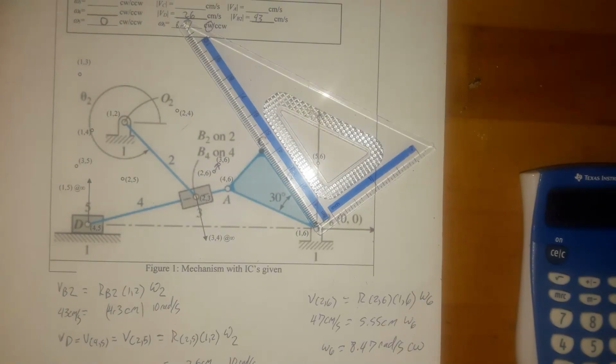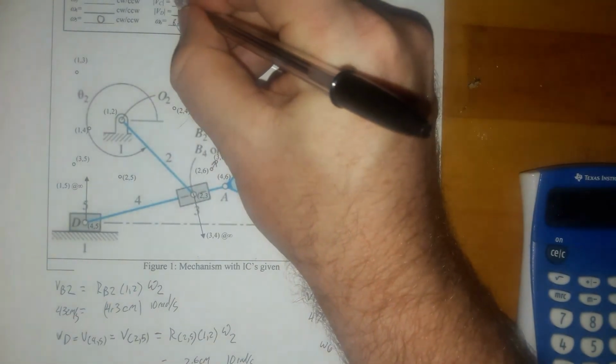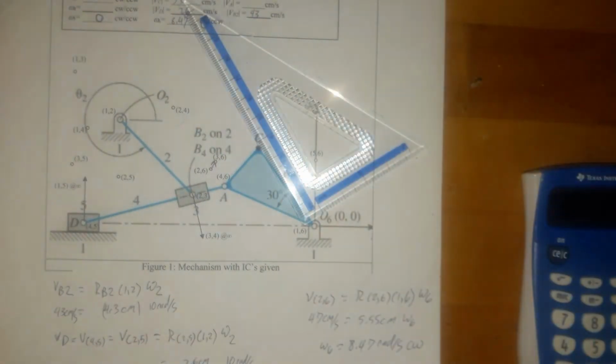And so VC is 38 centimeters per second. All right, we'll pause there.